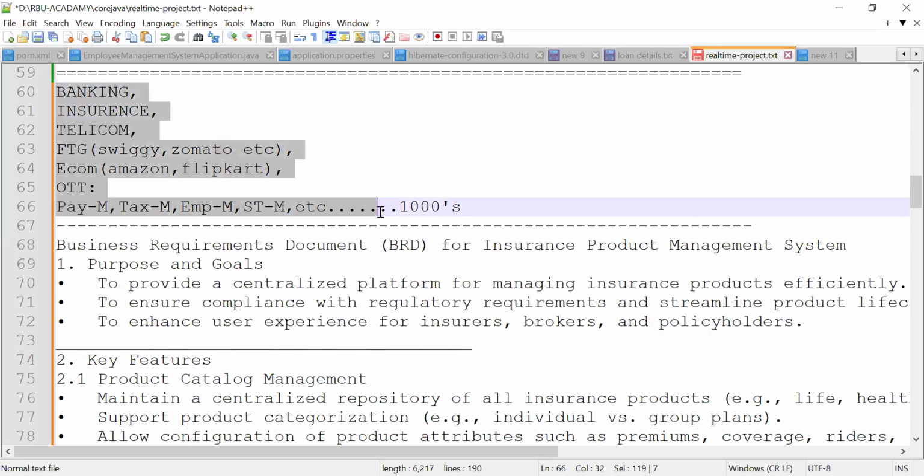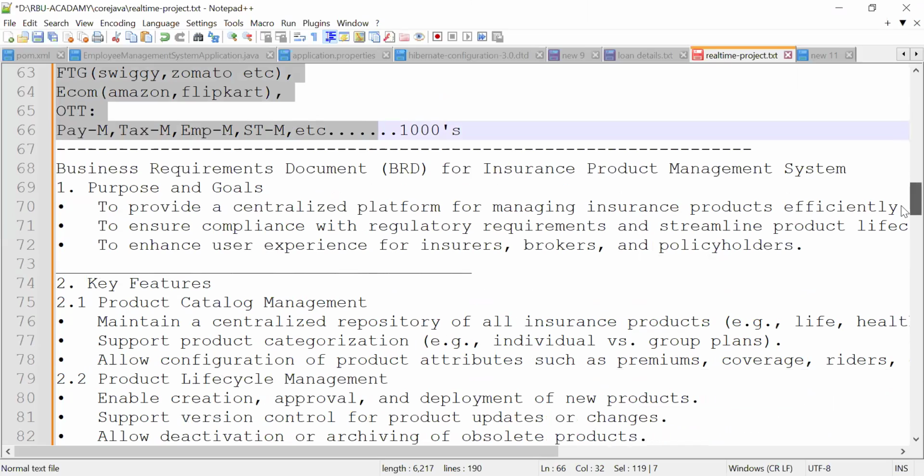Okay. Any questions? Sir, I got one question. It's off topic. I read on the website that you are also going to teach us security, and we are going to use Keycloak. I just wanted to know what topics you are going to cover in Keycloak.